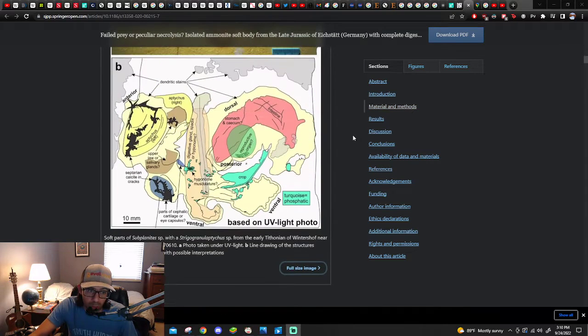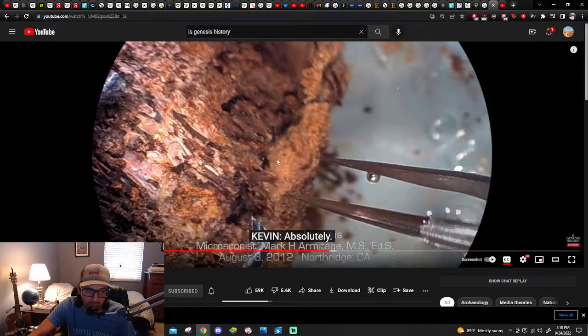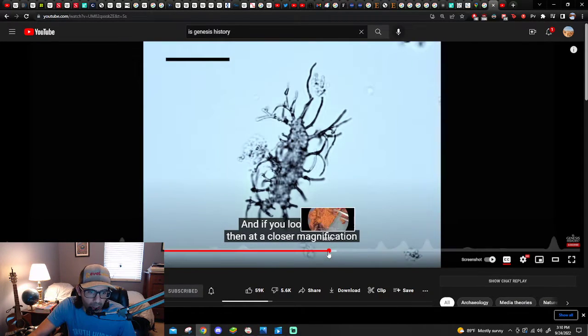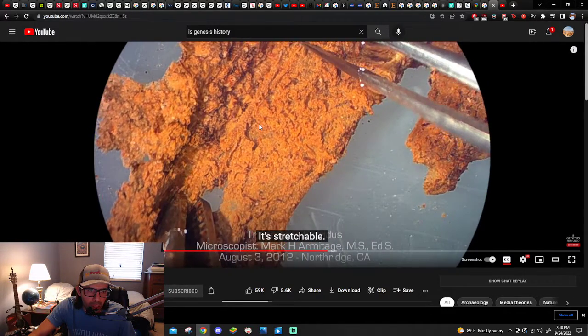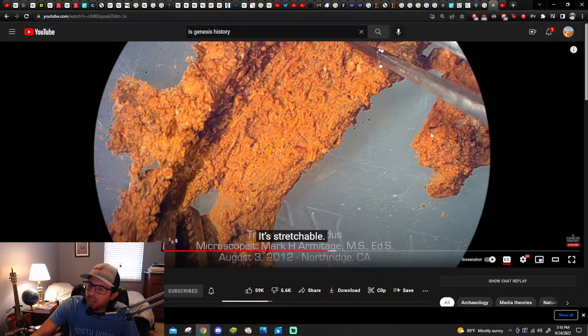Unless they can show some type of proof that a living organism, like DNA, actual soft tissue. If they said, this is actually Triceratops tissue, it's stretchable, then I'd be like, damn, that's hard to respond to. But as it is, that's not living, dude. That was an energy flow, bro.